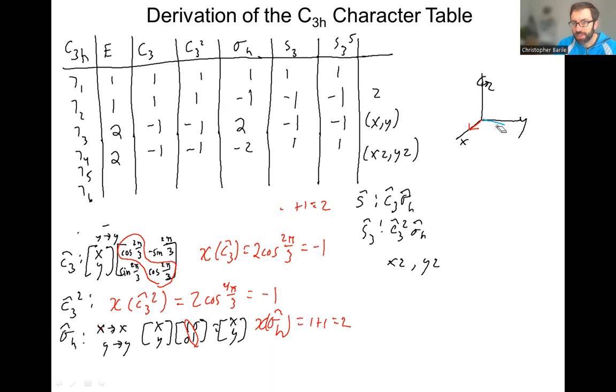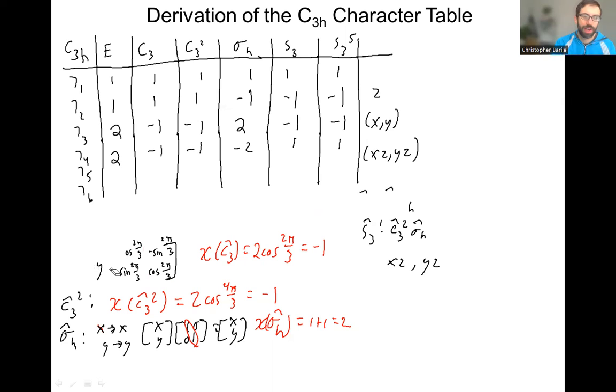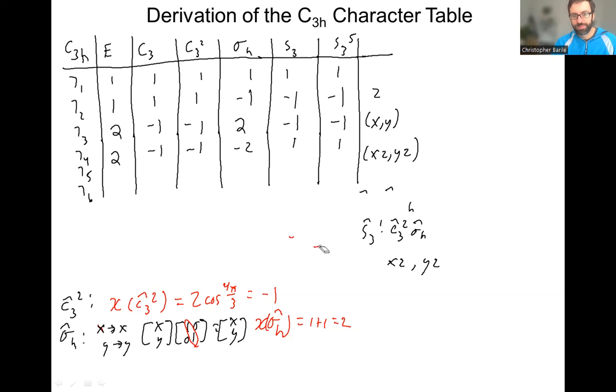We have 6 columns, but we only have 4 rows. Only have 4 irreducible representations. And that's violating our first rule of our character tables. If you go back to the character table rule video, it says that the number of columns and rows always has to be equal.